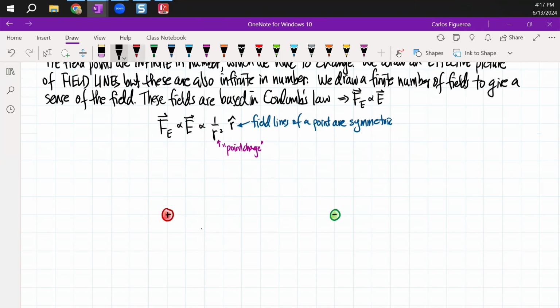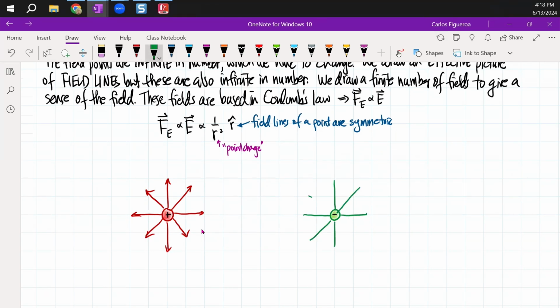And what you're seeing here is that now I start to draw in field lines. They're not an infinite number, they're a finite number, but what they're telling us is information about the strength of the field.